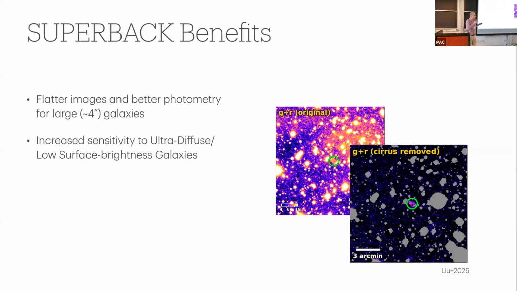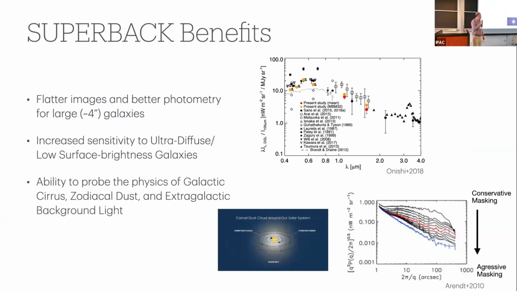These are galaxies that I'm particularly interested in, and by having this better background on large scales, you're able to identify those a little bit better. But then also there's a lot of science, like I said, in studying the overall backgrounds themselves. For example, the structure of the zodiacal cloud in our solar system, the spectral energy distribution of galactic cirrus, and the clustering of extragalactic background light are just a few examples that I've shown here.